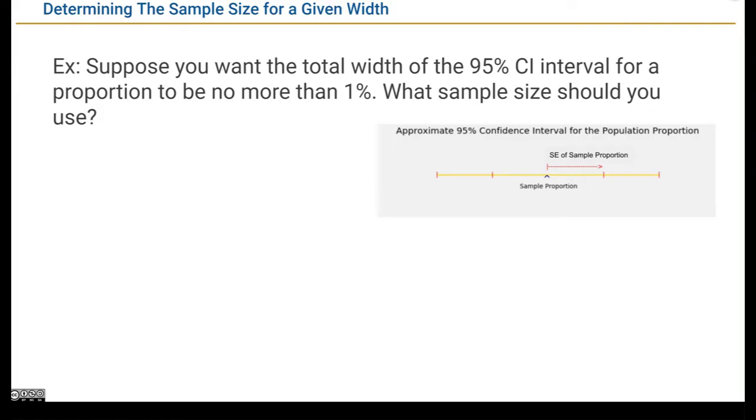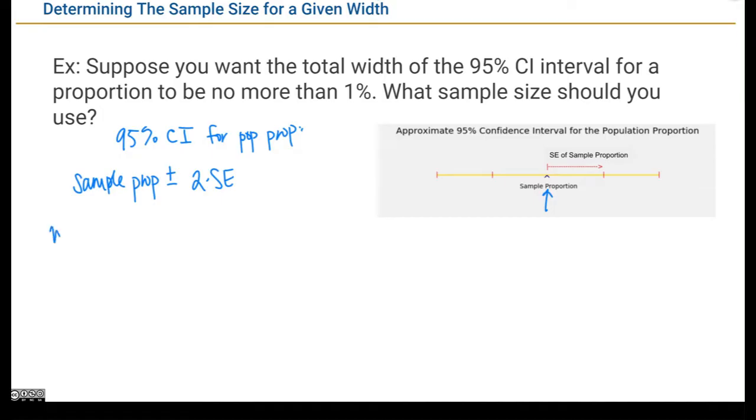All right, so let's think of what we've learned so far to help us with this. A 95% confidence interval for a population proportion we found is the sample proportion, like we have in the picture, plus or minus 2 times the standard error of the sample proportion, which means that the width of this interval is 4 times the standard error, because it's twice that.